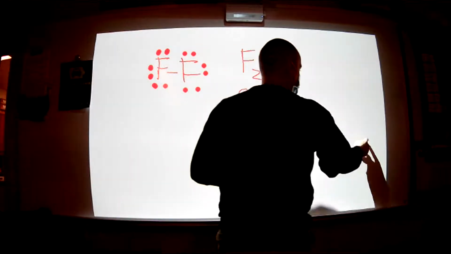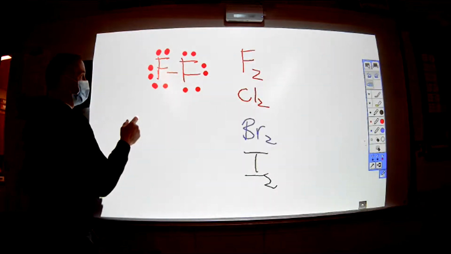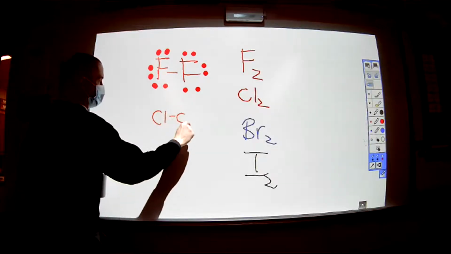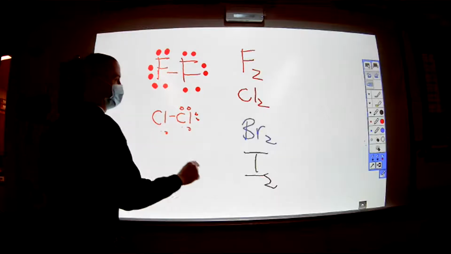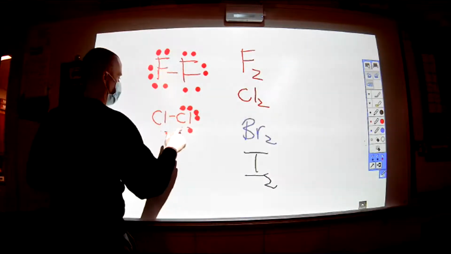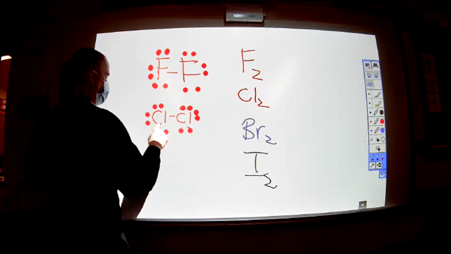Chlorine would look the very same. We have 14 electrons to work with. Chlorine's going to be single bonded to the next chlorine, and they also would be surrounded. 2, 4, 6, 8, 10, 12, 14.